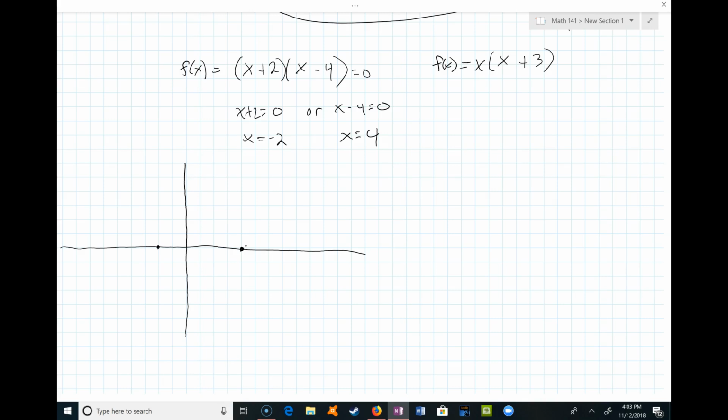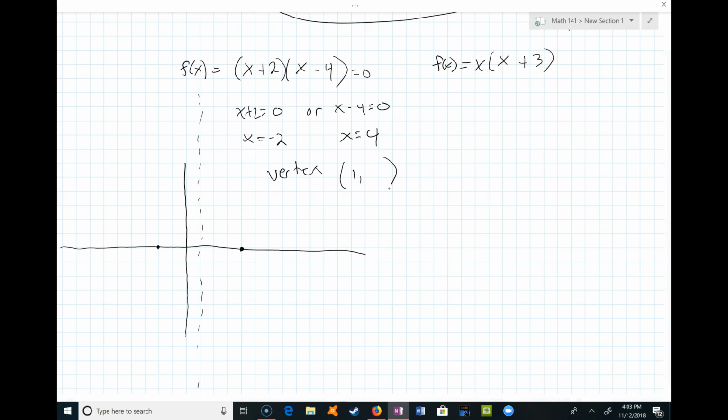Because this point is at negative 2 and that point's at 4, we can go halfway in between them, and this line right here is the line of symmetry of the parabola, which means the vertex has to be on that line somewhere.